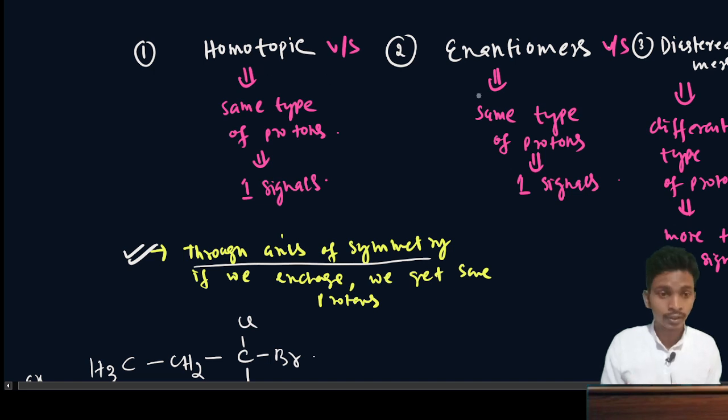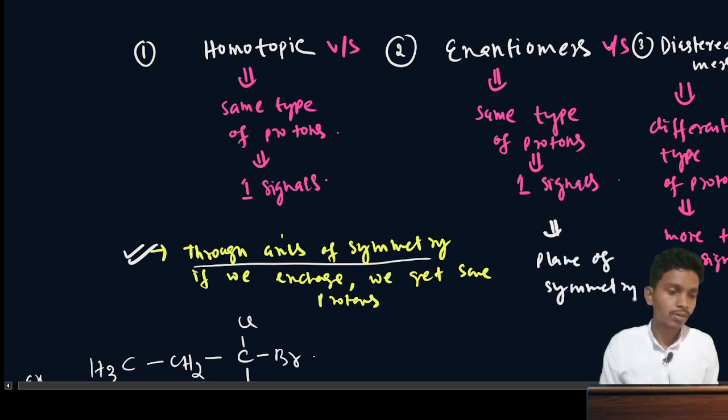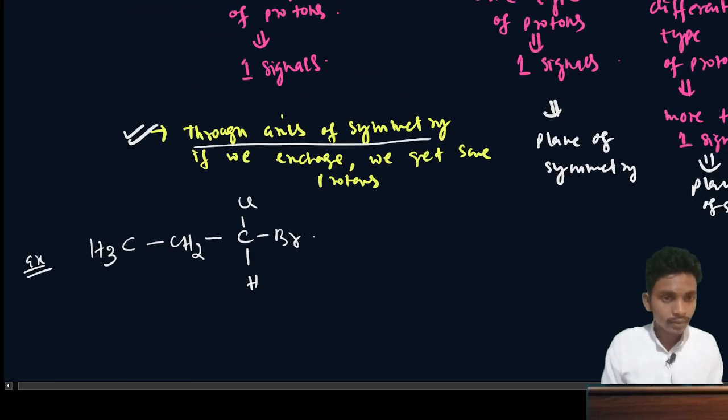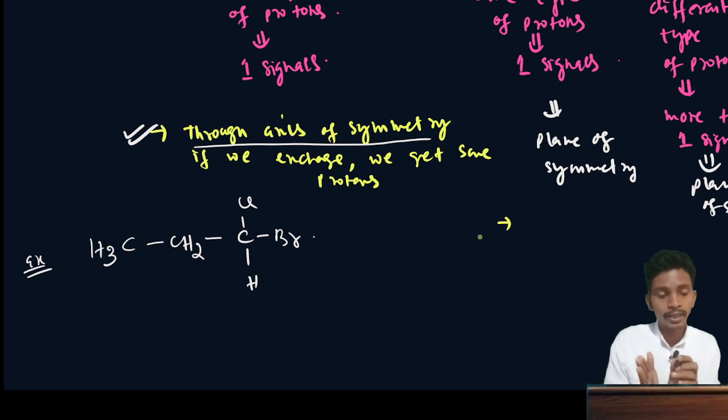And for enantiotopic protons, we look through the plane of symmetry. Here also we look through a plane of symmetry. This one we look through an axis of symmetry, and this one through a plane of symmetry. What is it?